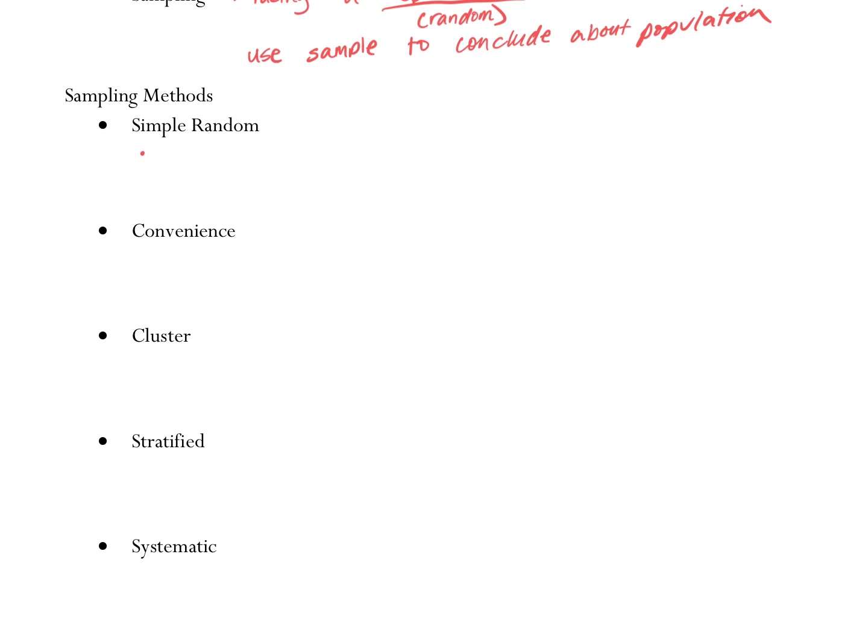Okay, so simple random sample is great. And it is the equivalent of drawing names out of a hat. It's using a chance process to select individuals from the entire population.